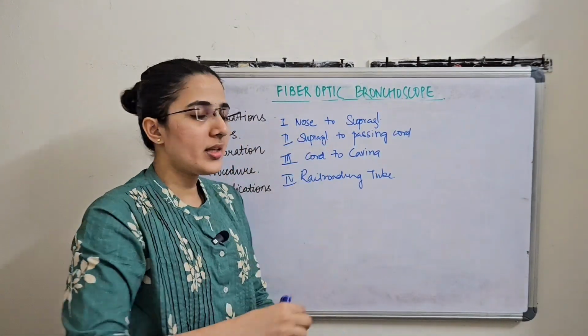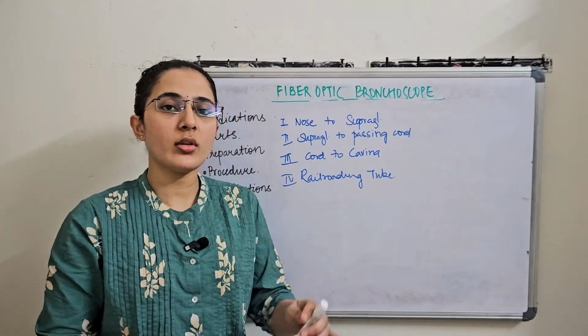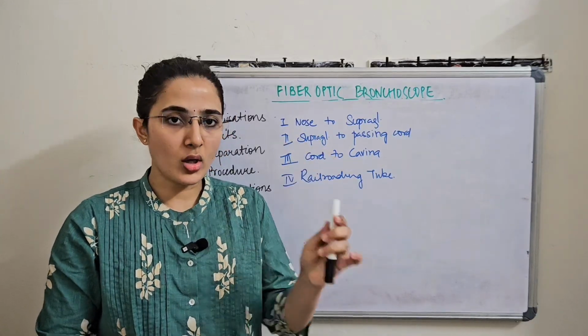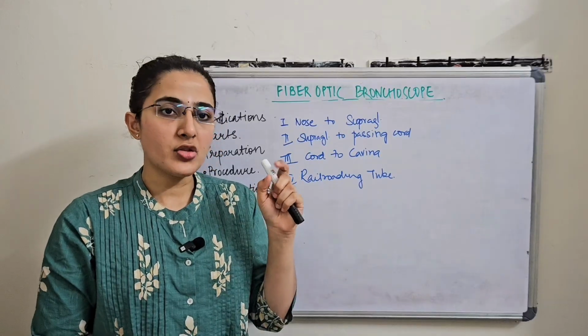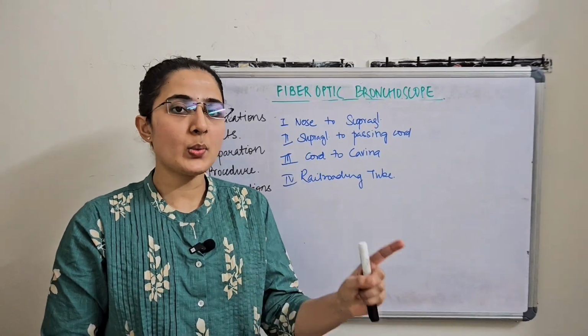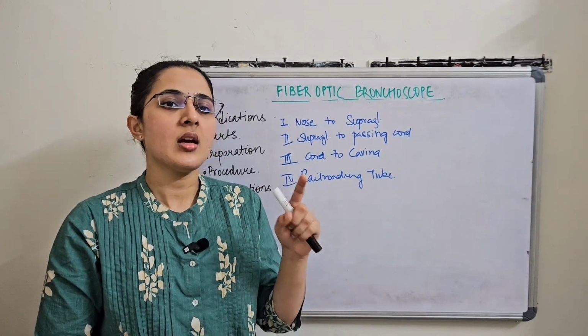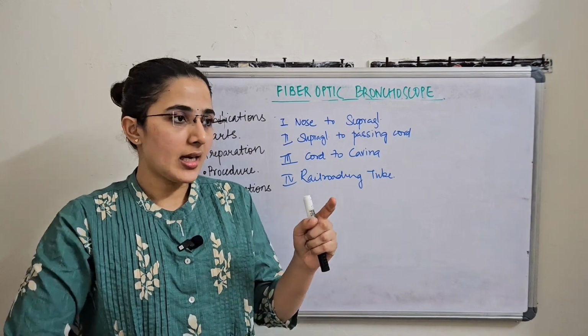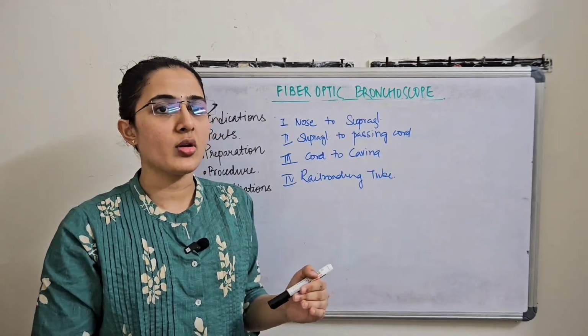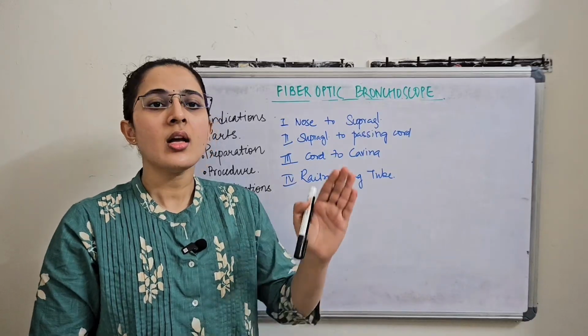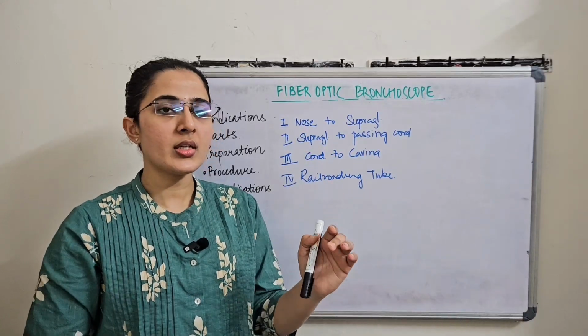First, as I said, we have to hold the fiberscope in the non-dominant hand. We have to check the lever, check the suction, and be prepared with the local anesthetic drugs. After the preparation, connect the standard ASA monitors, give adequate sedation, and prepare the patient properly.